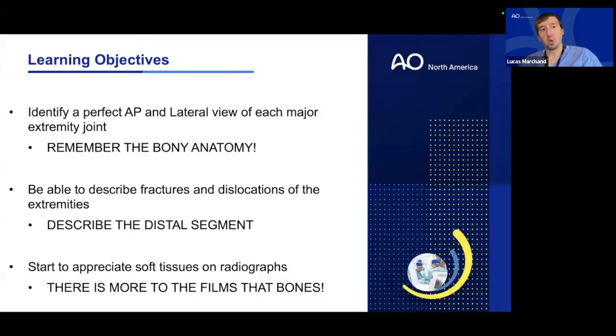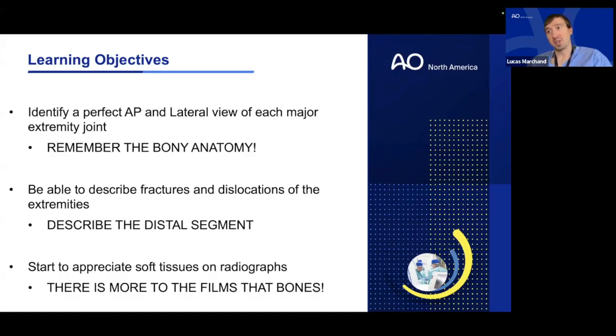So I hope tonight you all learned ways to identify perfect AP and lateral views of the shoulder, elbow, knee, and ankle. You need to remember the bony anatomy, as it will clue you in on what those x-rays should look like and what is abnormal.